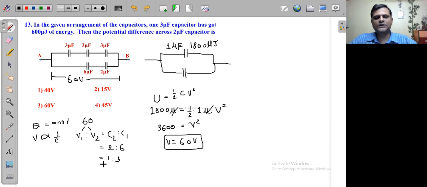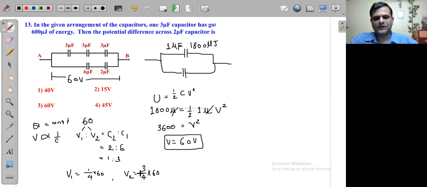So 60 को अगर हम 1:3 parts में divide करेंगे, तो first part कितना मिलेगा? V1 can be found as 1/4 into 60, right? And in the same way, V2, the voltage across the second capacitor of 2 microfarad, can be obtained as 3/4 times 60.